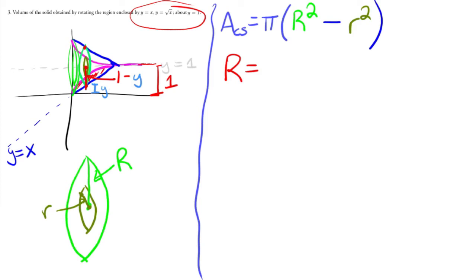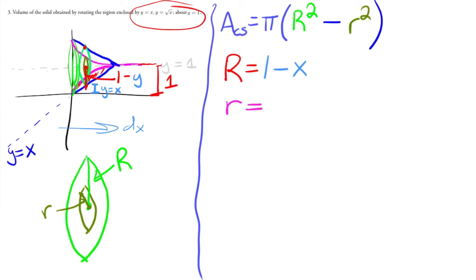Or, in this case, remember we are going to integrate with respect to x because we're moving in this direction. So it's going to be 1 minus y, which in this case is equal to x. Okay, now for the small radius, the same exact idea.